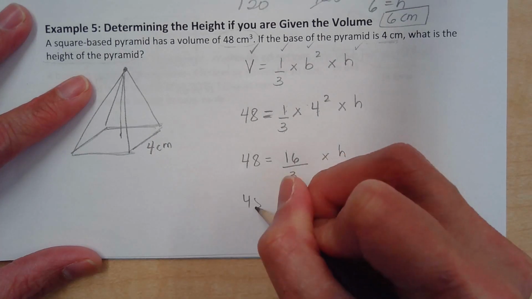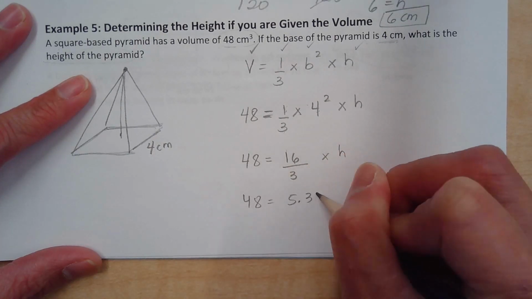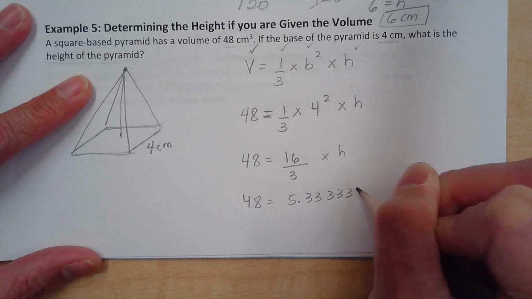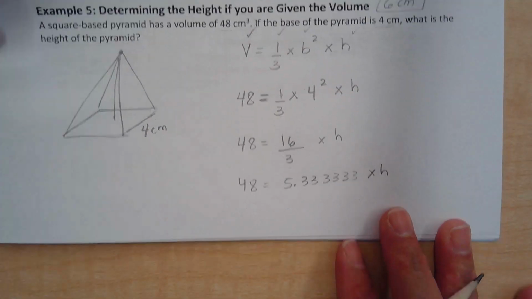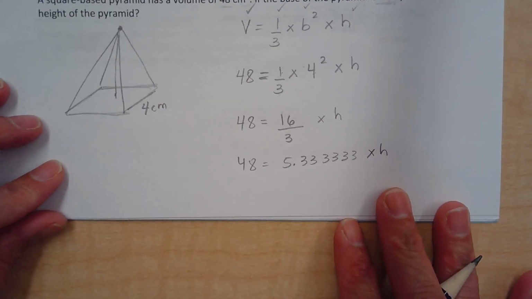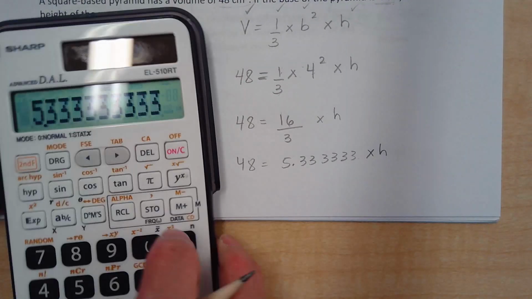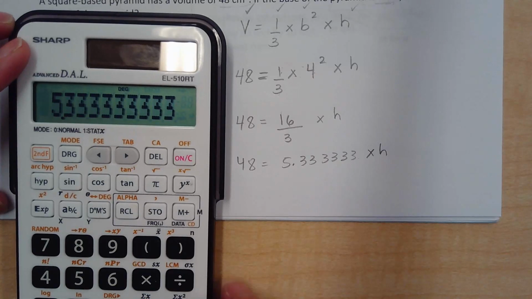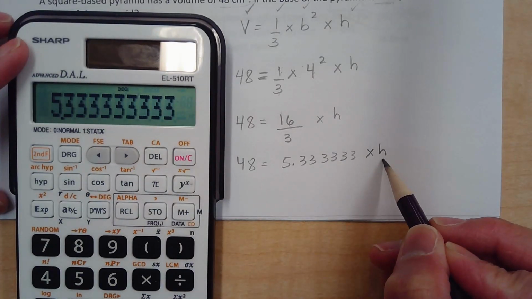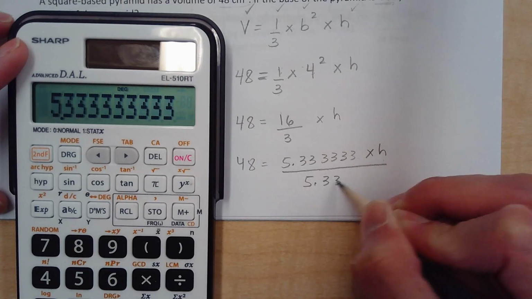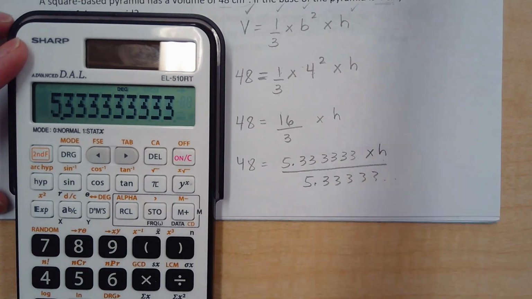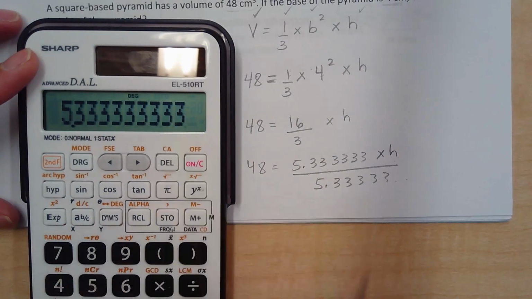So 48 equals 5.3333333333 times h. There's lots of 3's there. So this is what you have on your calculator, 5.333. What do we need to do to solve for h? 48 divided by 5.333. So I already have this 5.333 in my calculator.